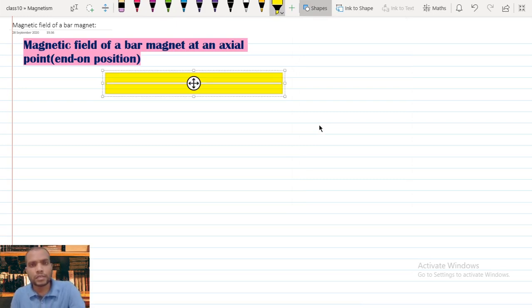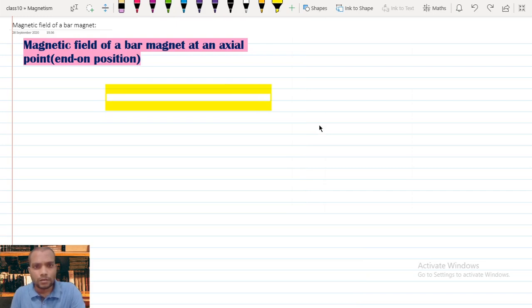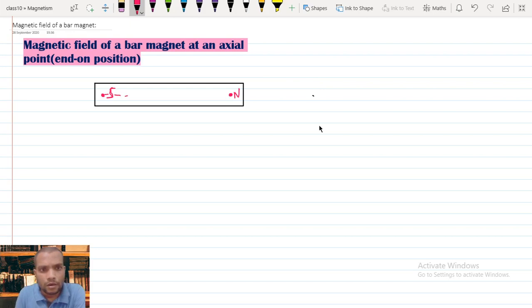Suppose I take a bar magnet, and suppose this is NS. This is the north pole, and here you can take a unit north pole, and this is the south pole, and this is the magnetic axis.